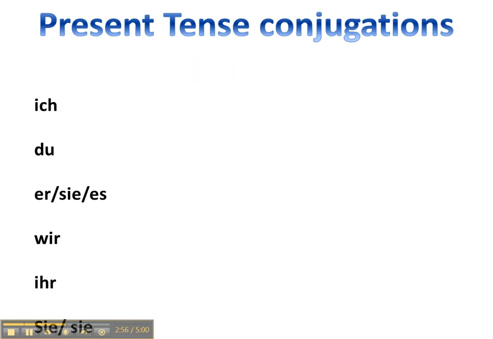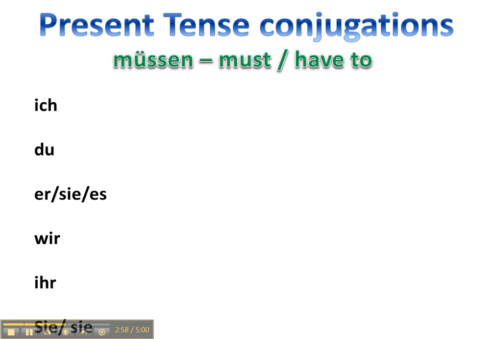Okay, so one more verb we want to look at today is müssen, or must, or have to. So ich muss means I must or I have to. This is also a source of confusion for English speakers because we form this normally with 2 words, have to, and so the temptation is to translate it as ich habe zu, but that's incorrect. You want to say ich muss. You have to, du musst.